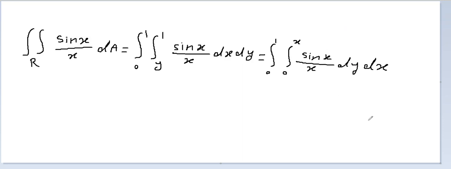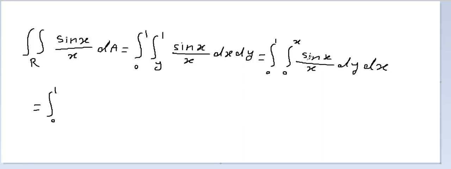So let's go ahead. We have integral from 0 to 1, this is for x. Actually, look at here. The first integral is with respect to y, right? So this sine x over x for the first integral is just like a constant. So you can move this one out.